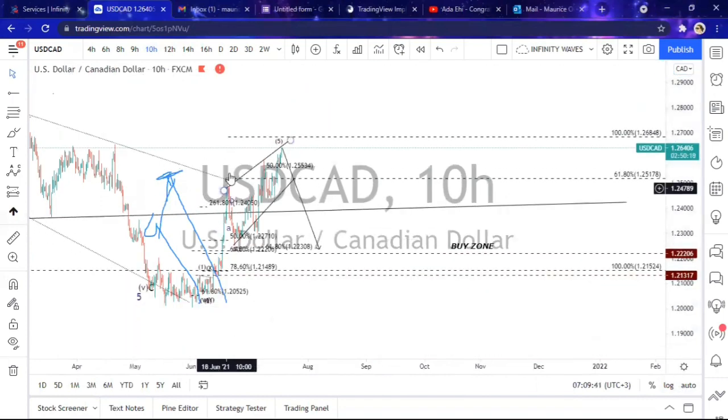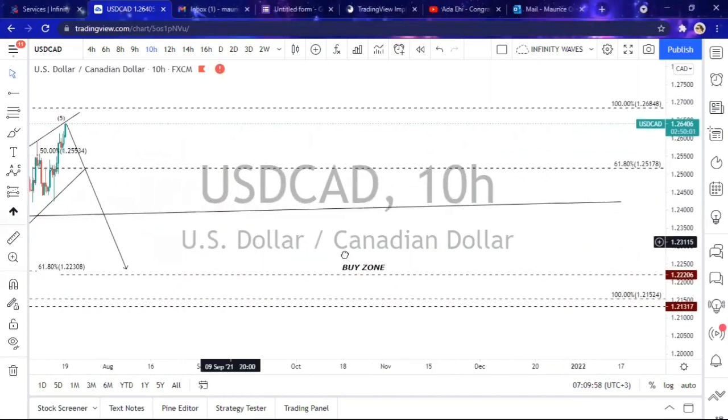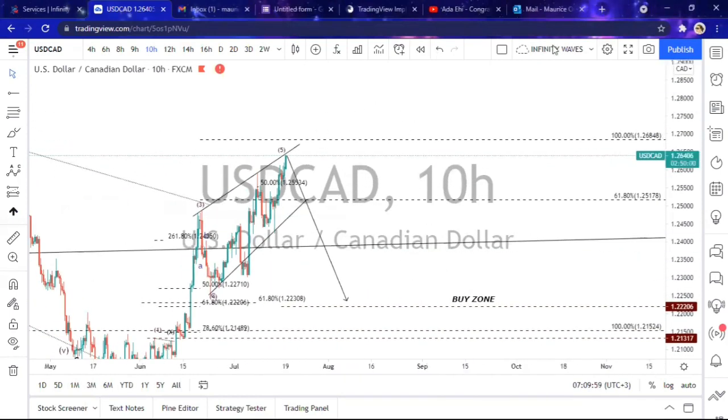So we're coming down from this impulse move. When this is over, you expect this to fall down to around these levels, then for the next impulsive wave. So that's for US dollar, Canadian dollar. So this structure can come all the way up to here at this 100% because 100% is also the extension point for wave 5.